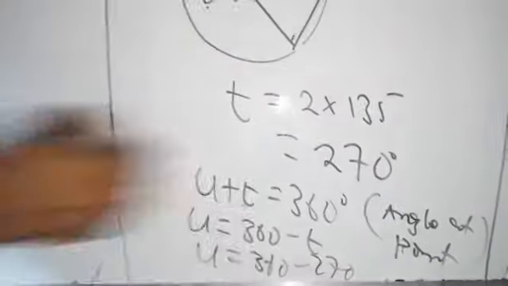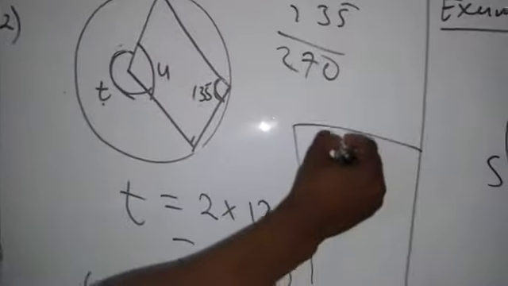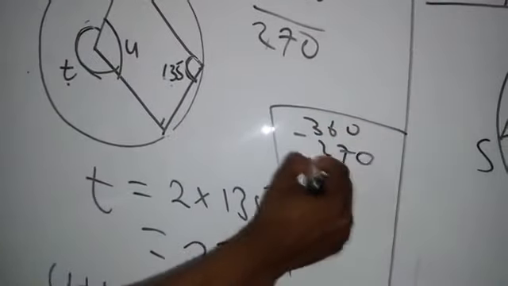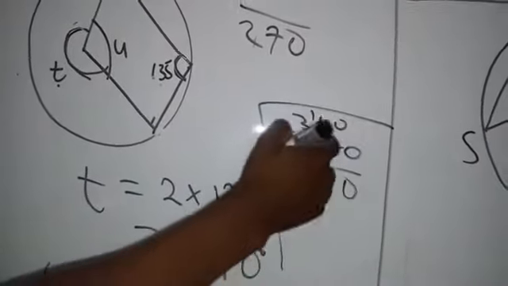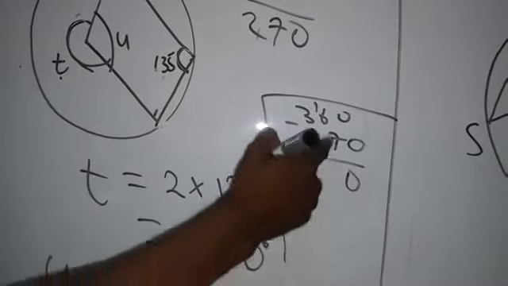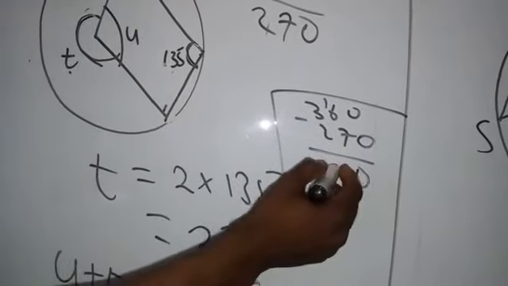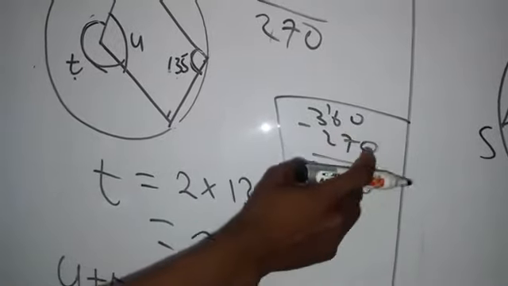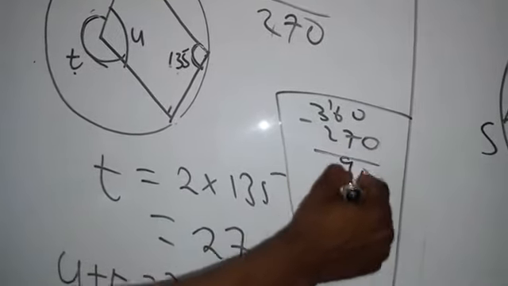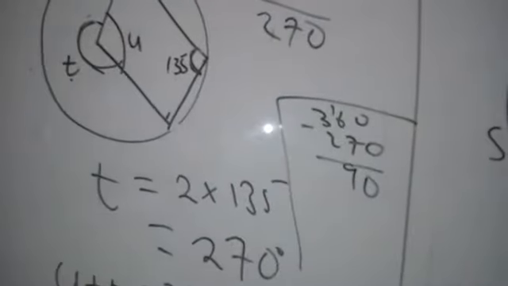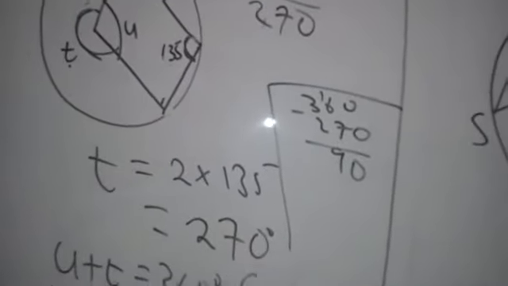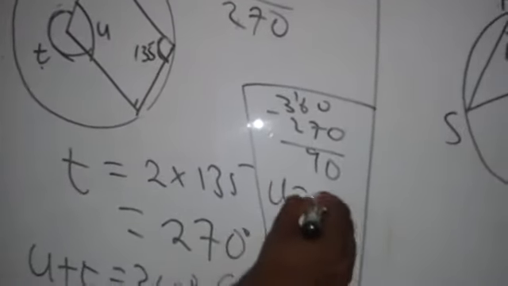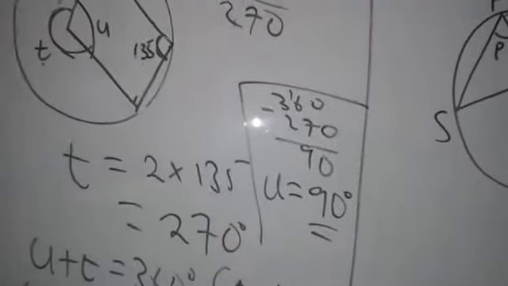When you subtract, 360 minus 270 gives you 90 degrees. Therefore, I will say that U is equal to 90 degrees.